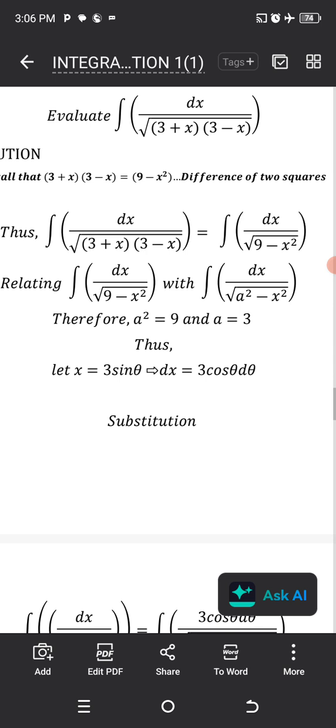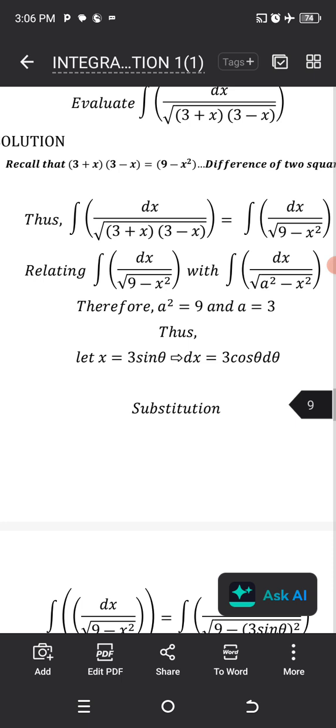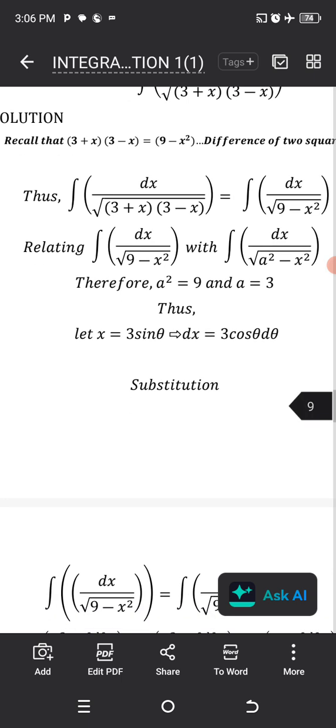Which means a is 3. Like we did in the first two examples, we are still following the same steps. You must determine a first, and then we can say let x equal a sin theta, which means x is equal to 3 sin theta.